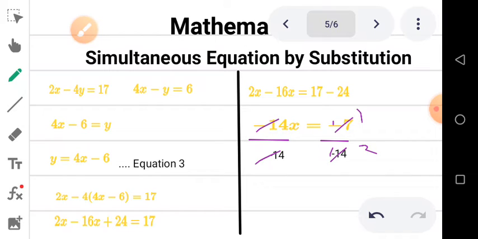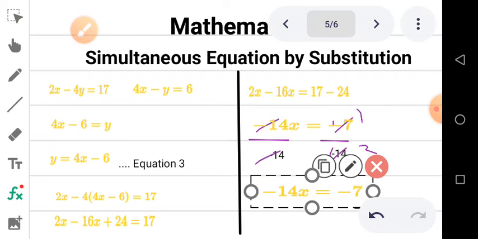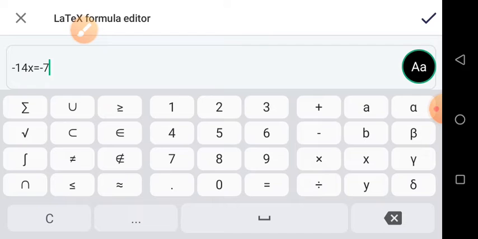So what this simply means is that our x is now equal to 1 over 2.